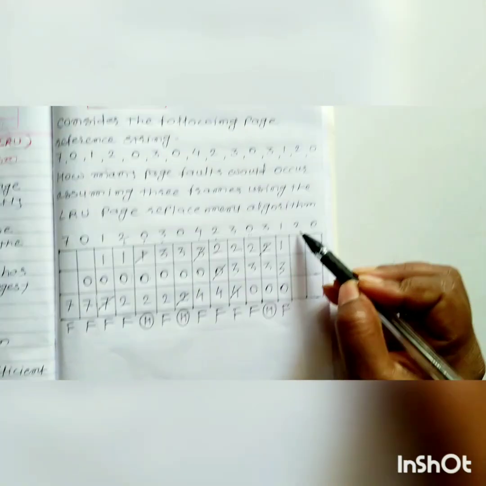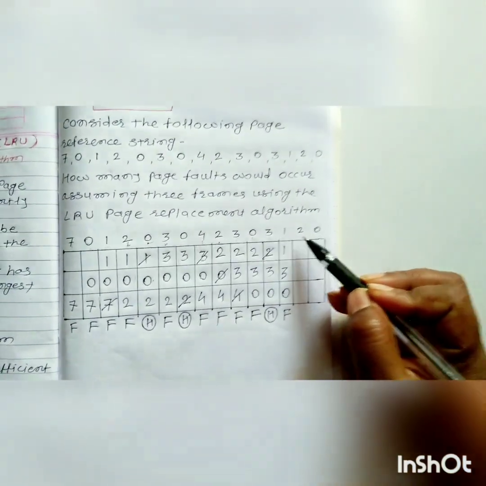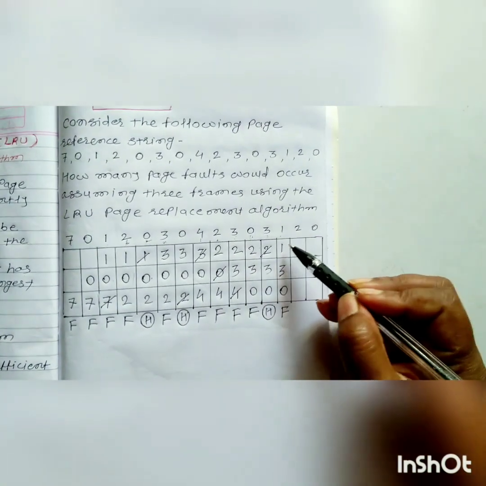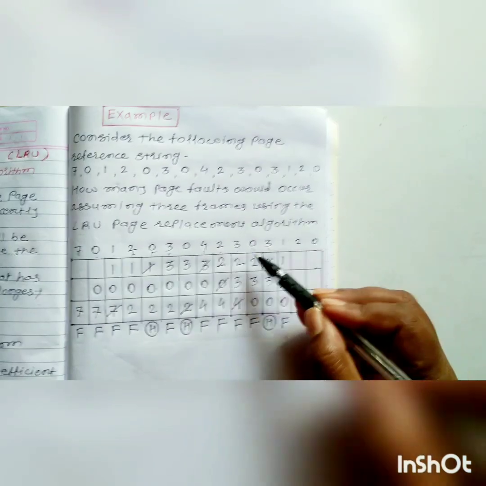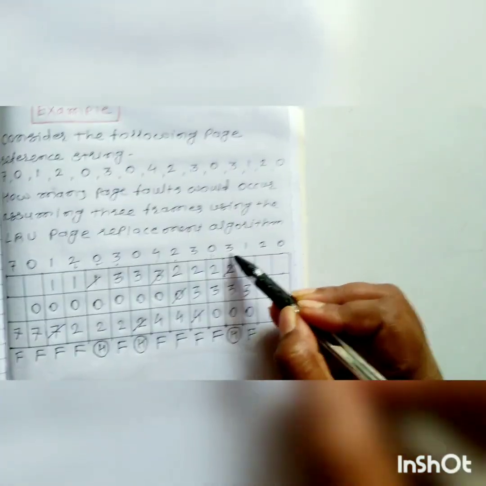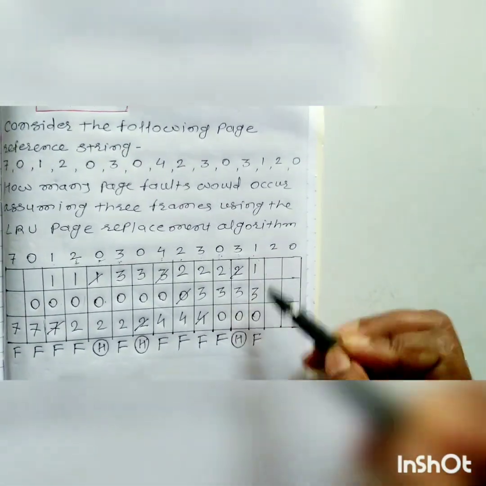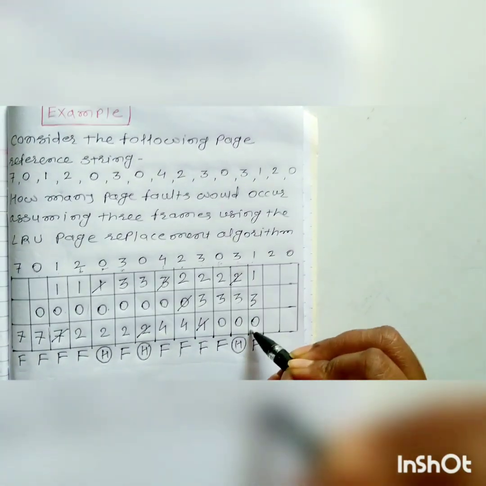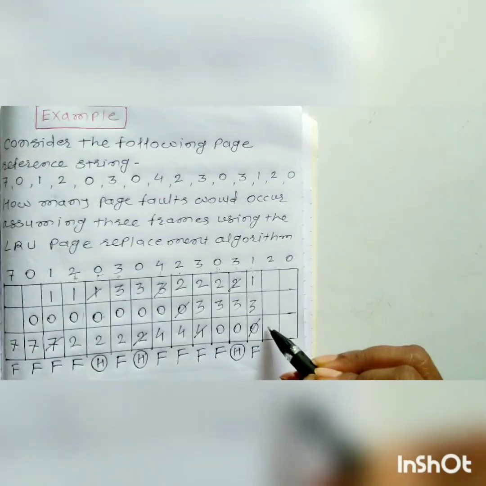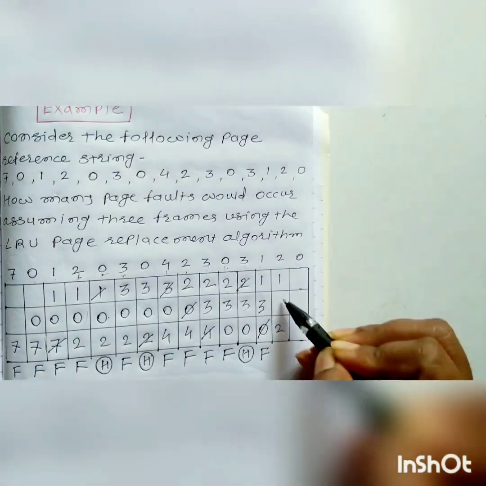Then the next page you want to insert is 2. To insert this 2, I will check the pages 1, 3, 0 in the left hand side. Out of these 3 numbers, 0 is the least recently used. So simply what I will do? I will replace this 0 by 2, and the remaining pages are as it is.